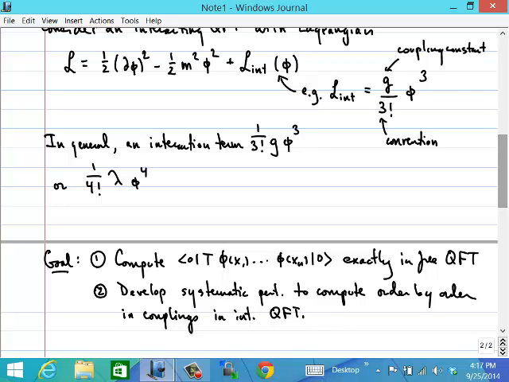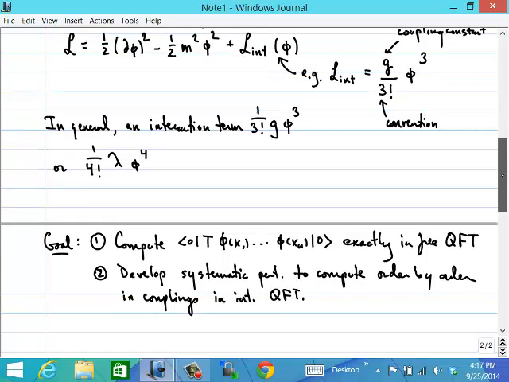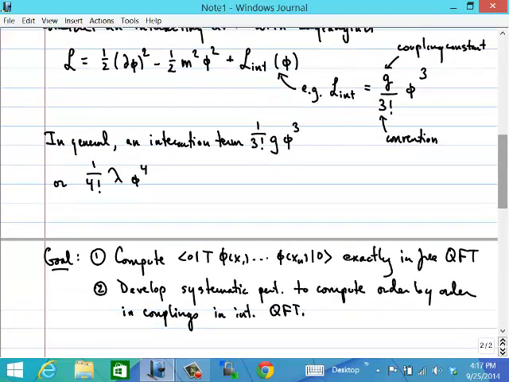As you've probably anticipated, the systematic perturbation theory that we'll be developing is Feynman perturbation theory, where we have a diagrammatic expansion that allows us to compute systematically all of the terms at a given order in perturbation theory.